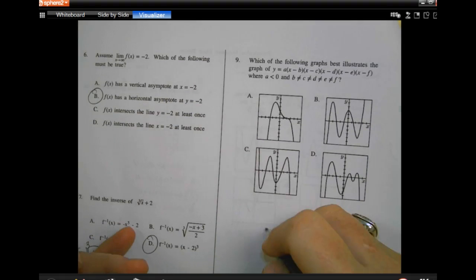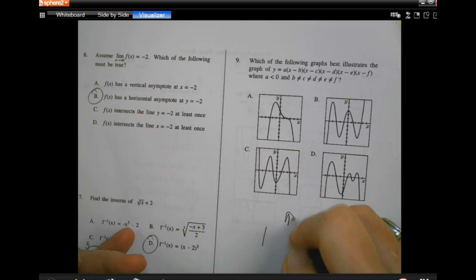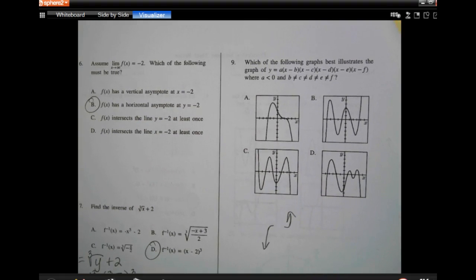Okay, number 9. First of all, what's the degree here, guys? How many x's? 5, which makes it odd, correct? So if it's odd, the end behavior should be this way. But wait, what's the A?